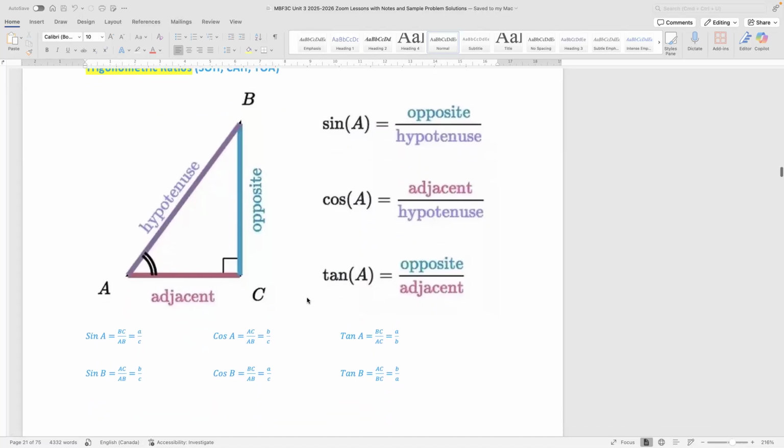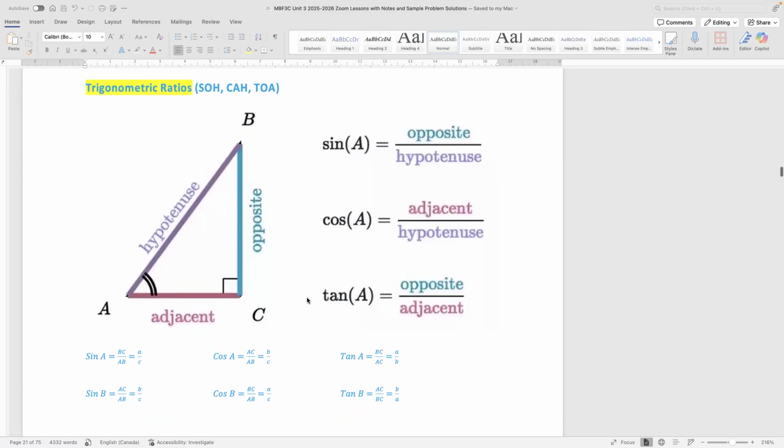Now, these are ratios. So, for example, if I were to take this triangle and enlarge it, make it twice as big, then the length of all of the sides would increase, but the angles would remain the same.